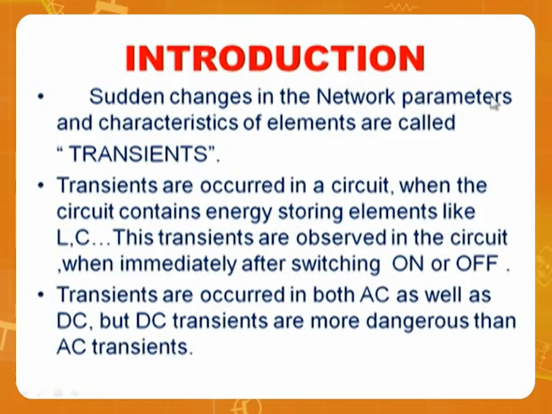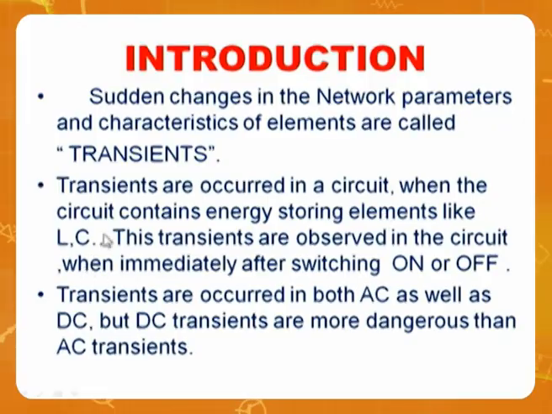Sudden changes in the network parameters and characteristics of elements are called transients. The word transient I am trying to define. Transient means sudden change, the simple English meaning. Transients occur in a circuit when the circuit contains energy storage elements like L and C, etc. So, transients occur only for energy storage elements.